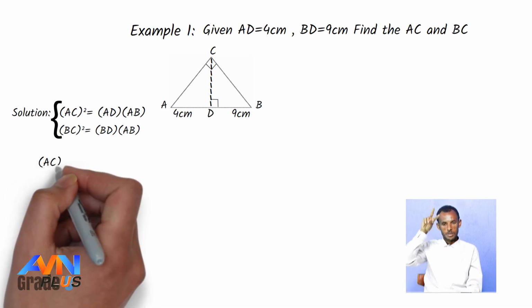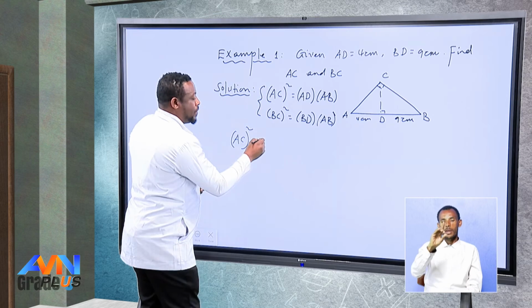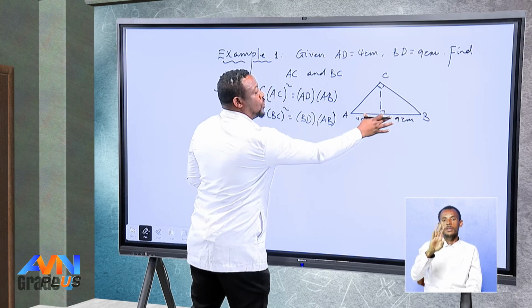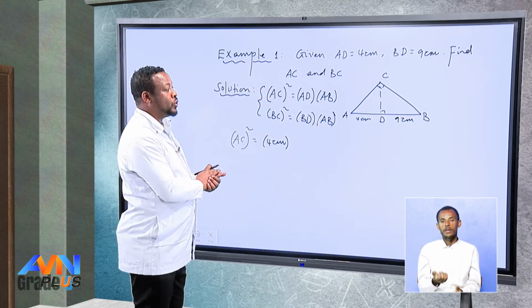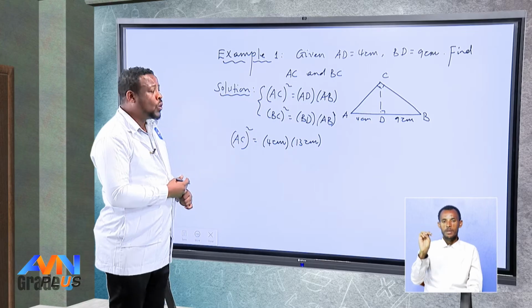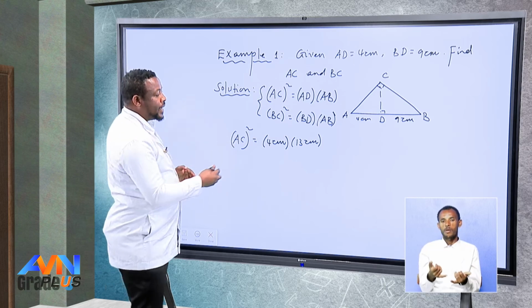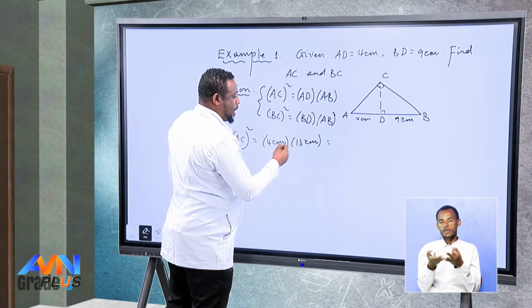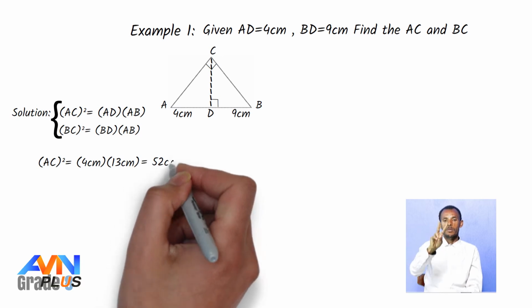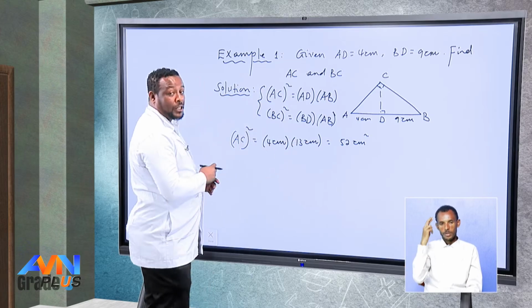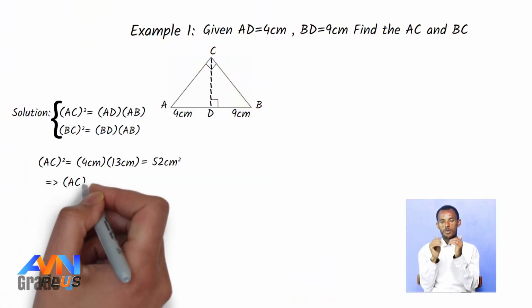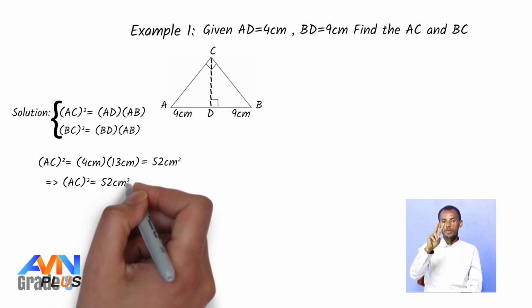AC square is equal to AD, which is 4 centimeter, times AB, the sum of the two parts, which is 13 centimeter, right? So this can be expressed as 4 times 13 is 52 centimeter square, because centimeter by centimeter is centimeter square. So AC square is equal to 52 centimeter square.